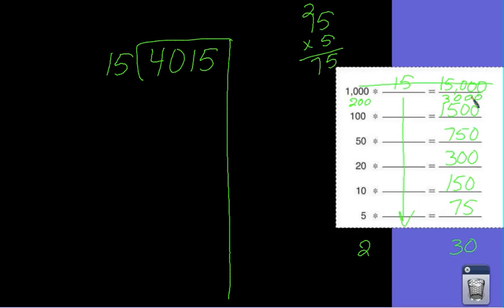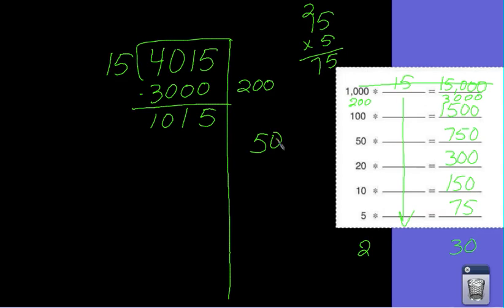So my first partial product is going to be 200, and 200 times 15 is 3,000, and I subtract. 40 minus 30 is 10. So 1,015, this is too much, so I'm going to go to my 50. 50 times 15 is 750.